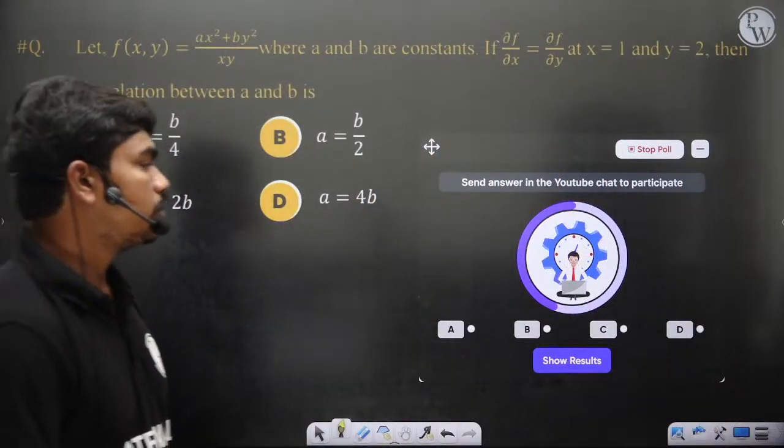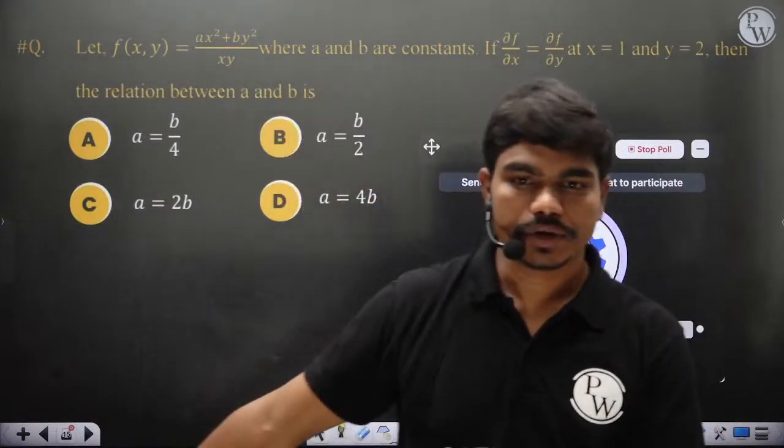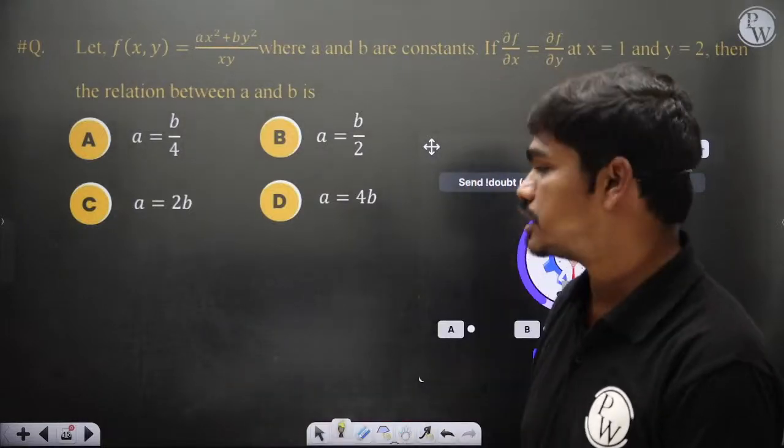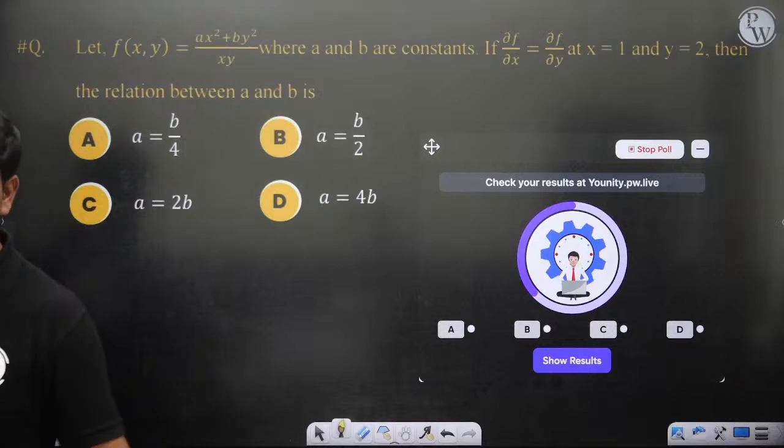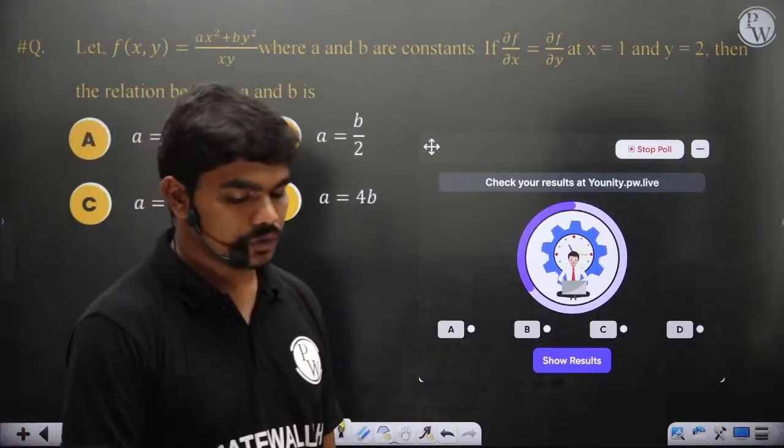B, a equal to b by 2, maybe. Even I have to calculate, okay? I don't know the answer, we have to do the calculation. This is a PYQ, actually I have borrowed it from a PYQ book.